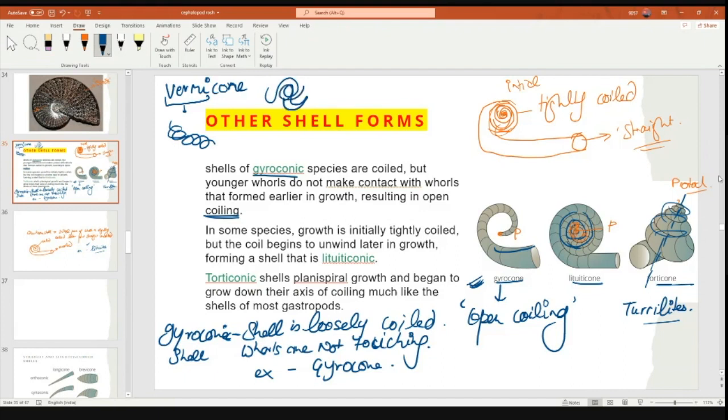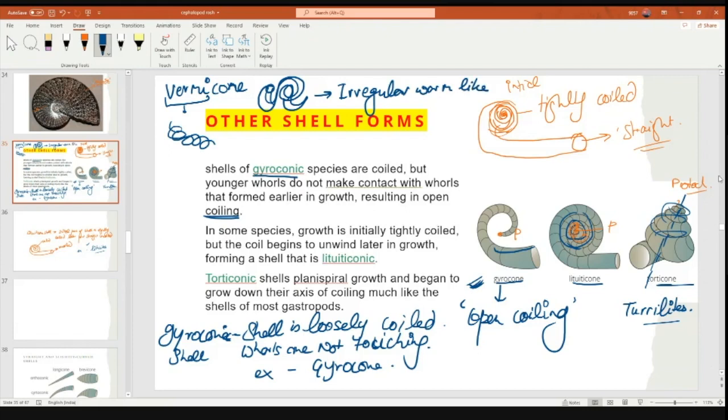Suppose this is the cephalopod. These are kind of the vermicone. Okay, you can remember the irregular worm like, जैसे worm होते हैं, right? So irregular worm like cell, उन्हीं को बोलते हैं वर्मीकोन.